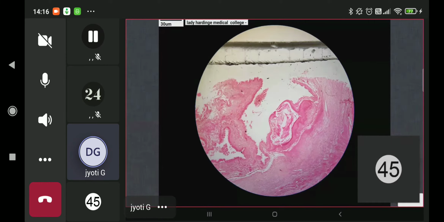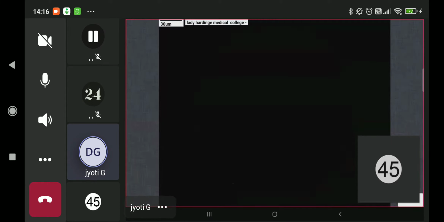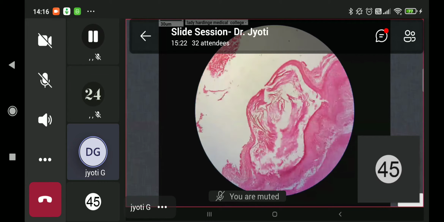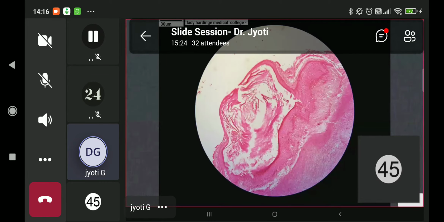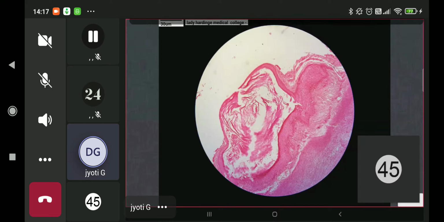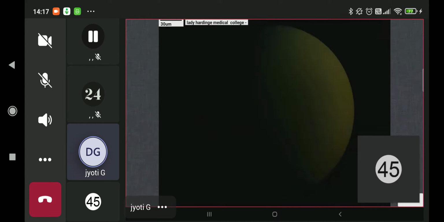So as right now on your screens, what I have focused is something looking like skin, right? It is keratinizing stratified squamous epithelium. Can you all see on your screens? It's like a cyst filled with keratin and it is lined by stratified squamous epithelium.